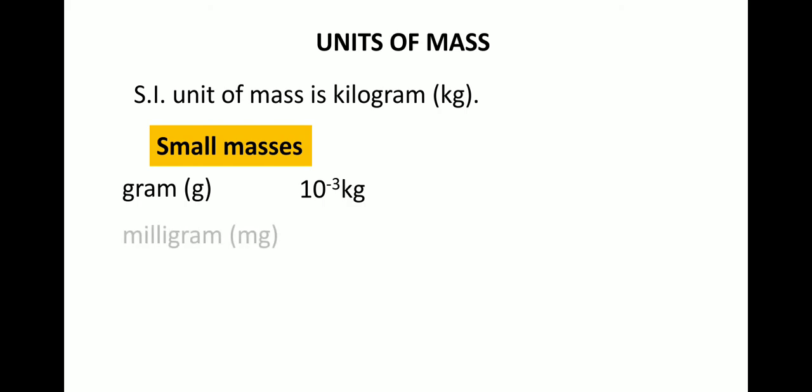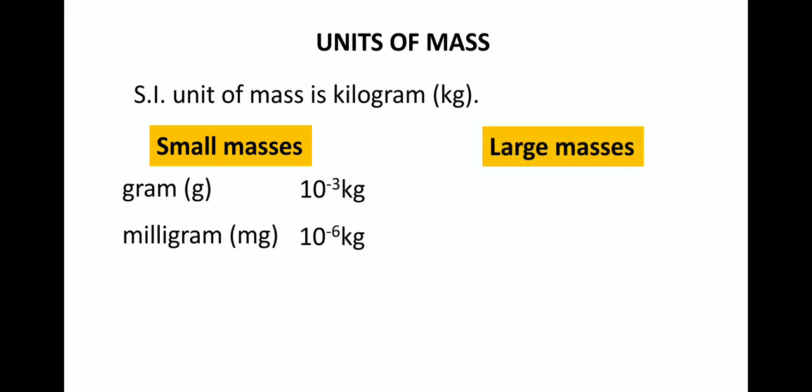Also milligram, mg, which is equal to 10 to the power minus 6 kg. For measurement of larger masses, we use units like quintal, that is equal to 100 kg, and also the metric ton, or simply ton, that is equal to 1000 kg, or 10 to the power 3 kg.